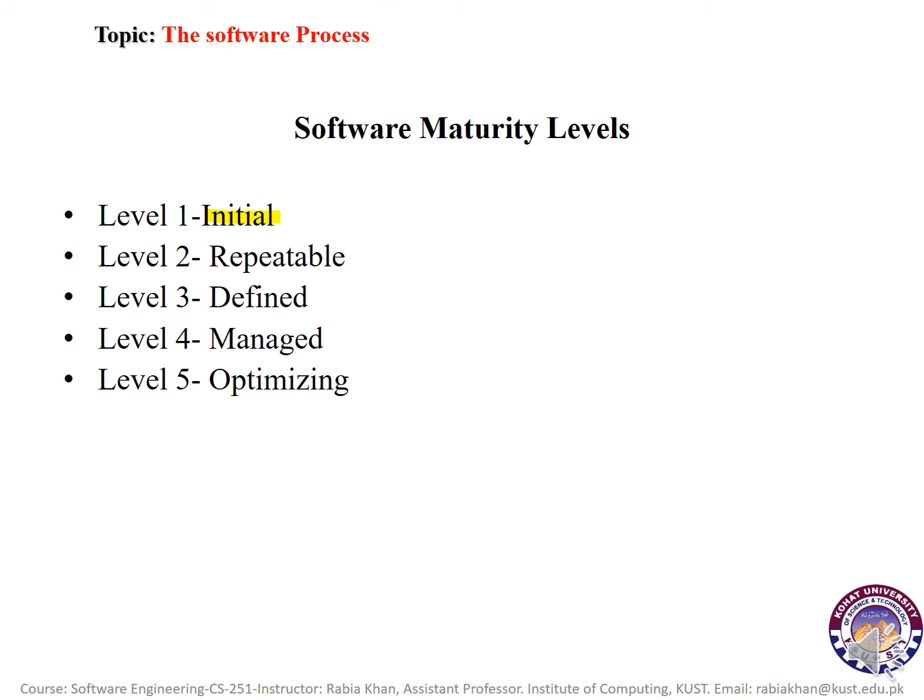So here the software process is not properly defined. No proper process is defined for how you would develop software. The work is done in a more ad hoc manner. The software development process is generally done in an ad hoc manner.